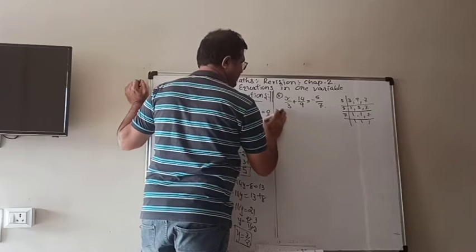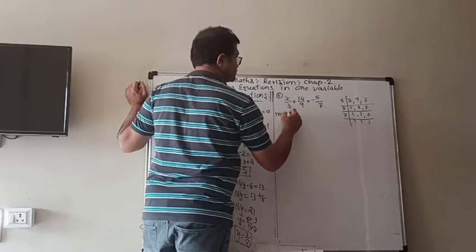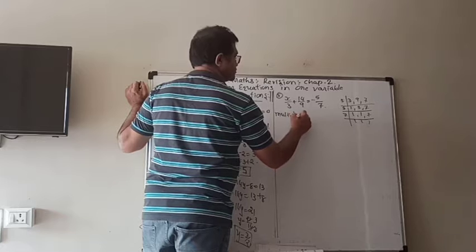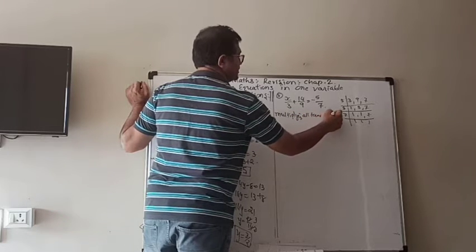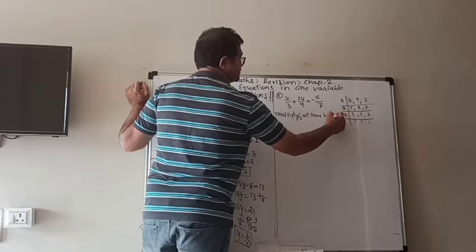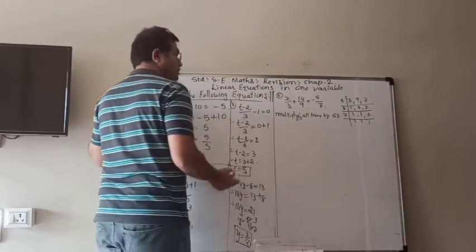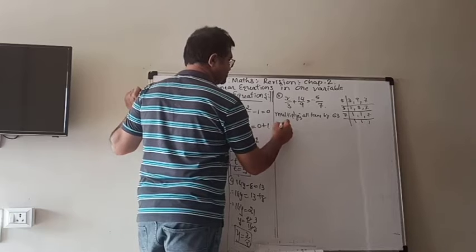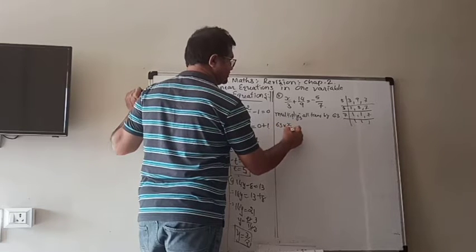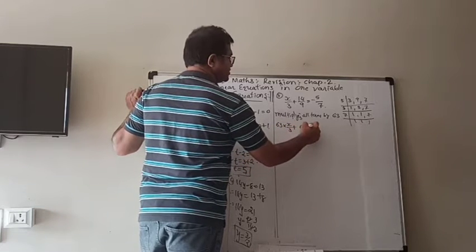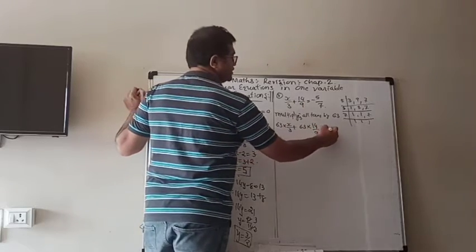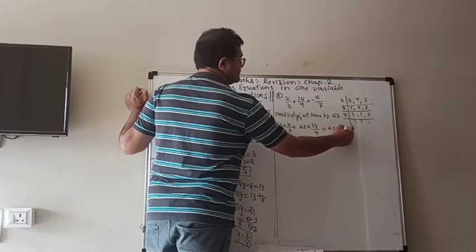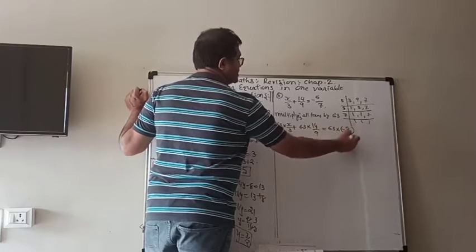So you are multiplying all terms by 63. So 63 multiplied by x upon 3, 63 multiplied by 14 upon 9, 63 multiplied by minus 5 upon 7.